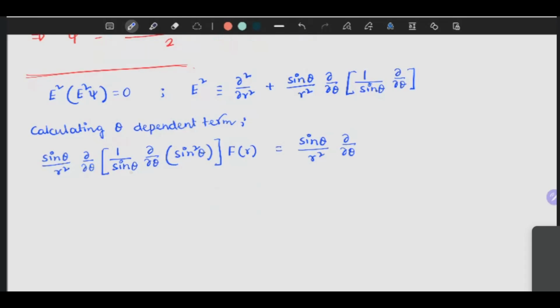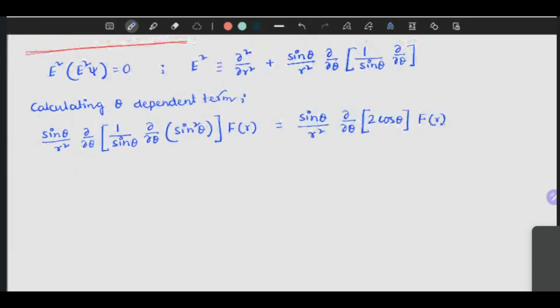So this sine theta, the 2 sine theta cancels out, this will be 2 cos theta, right? Del theta of 2 cos theta f of r, and this calculation becomes minus 2 sine square theta by r square into f of r.